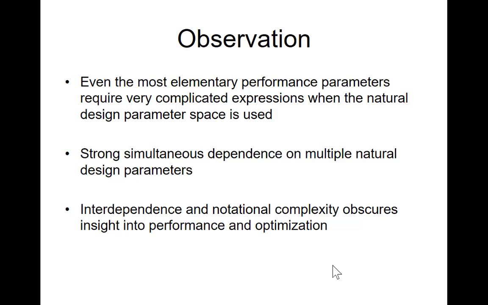We saw I-tail affected almost everything in the small signal performance characteristics. So the interdependence and the notational complexity really obscures insight into how it performs, and it obscures insight into optimization.